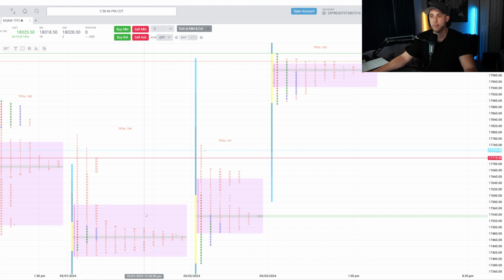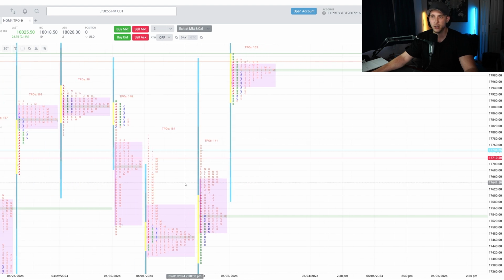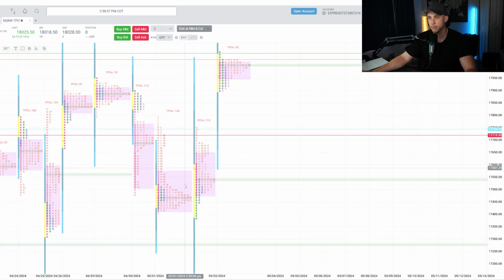Now let's see what happens when we retest those levels, or if we just start shooting above or below yesterday's value area high and low, right? So it's just taking market generated information and making logical and educated decisions intraday.